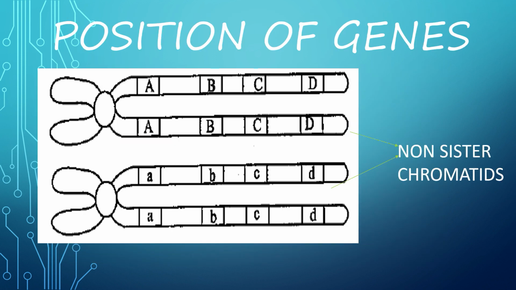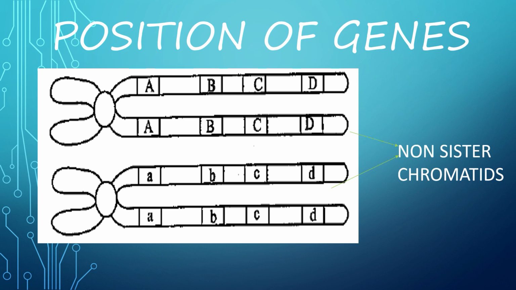And as you can see here, homologous chromosomes have the same size, have the same genes at the same location, but the two copies or two alleles of a gene can be the same or different. Here you can see one copy of the gene is capital ABCD, another copy of the gene is small abcd. So this pair of homologous chromosomes have two different allele sets.